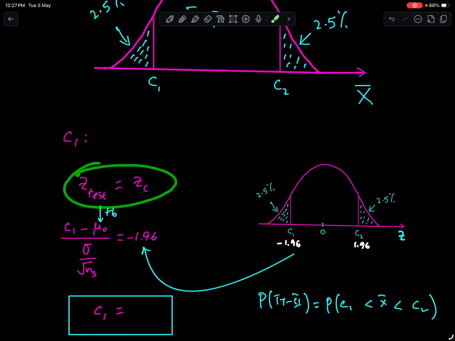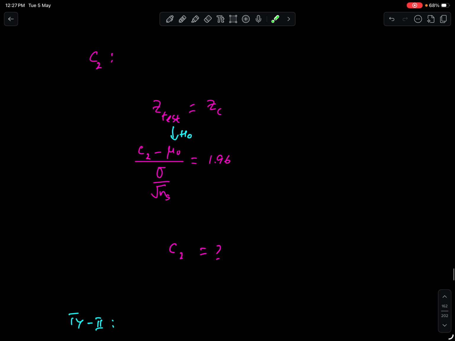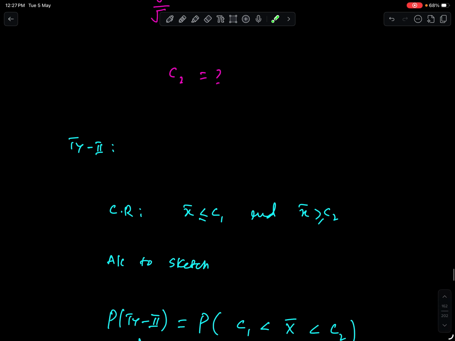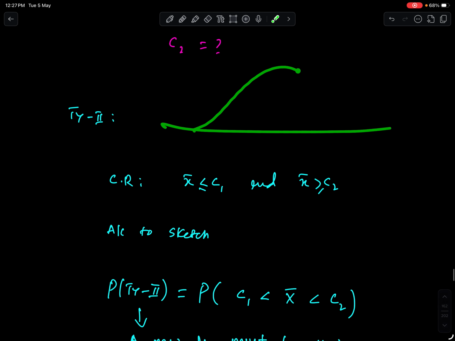Z test is equal to Z critical: C1 minus mu naught divided by this, and equate this with this. For C1, use this negative value. For C2, use this positive value, 1.96. After getting C1 and C2, see, this is the critical region, C1, C2.